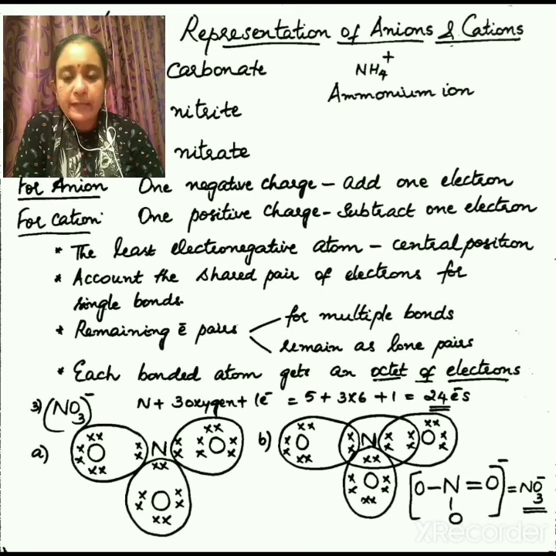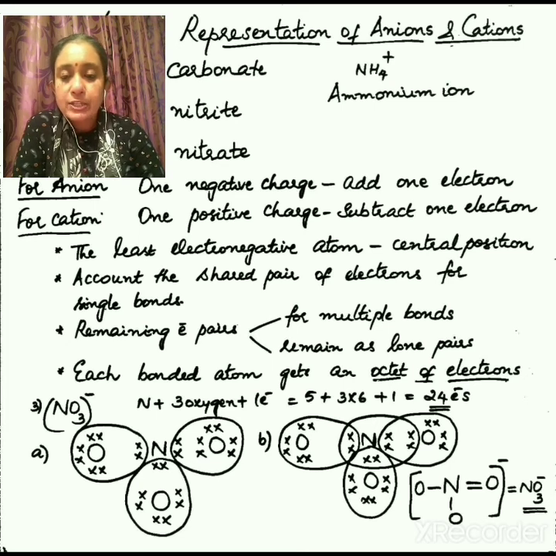If electron pairs remain after the formation of single bonds, then those electrons can be used either for multiple bonds, meaning double or triple bonds, or those electron pairs remain as lone pairs of electrons.